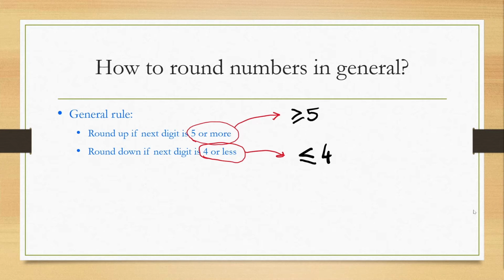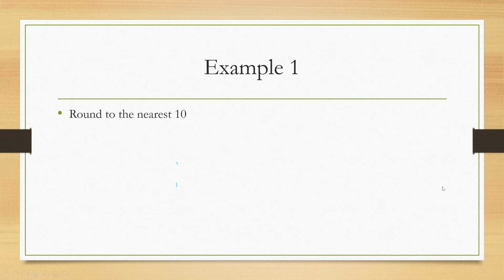Okay, so now we've seen this. First of all, we're going to look at the first example: rounding to the nearest 10. Our number is going to be 265.